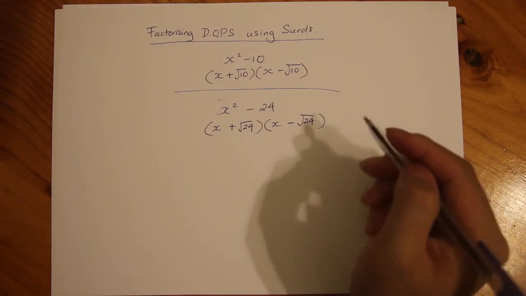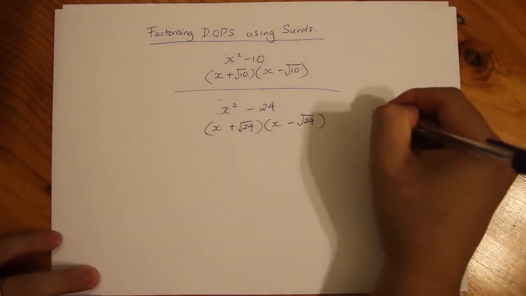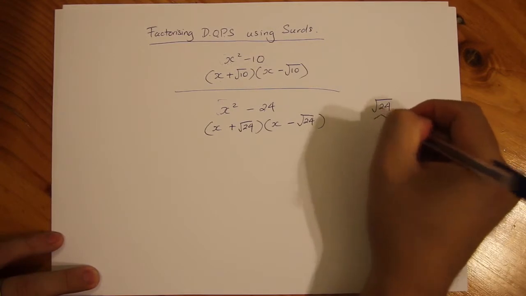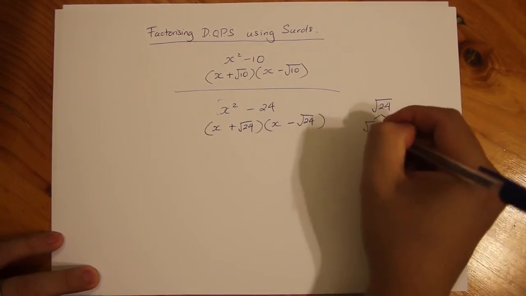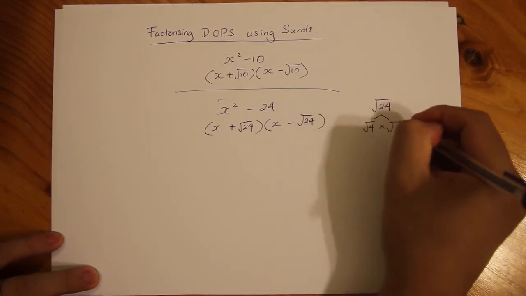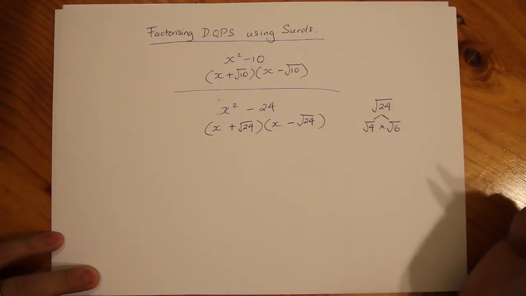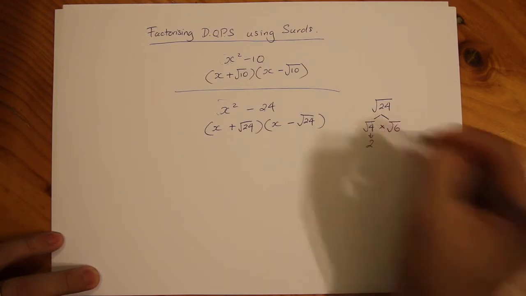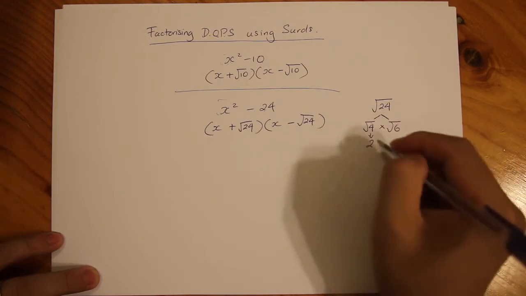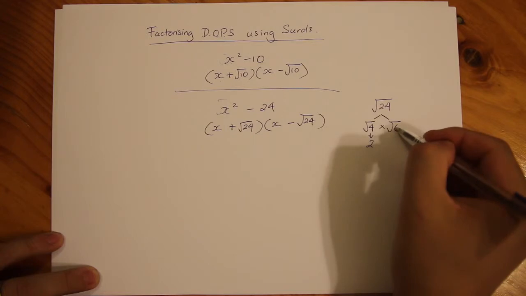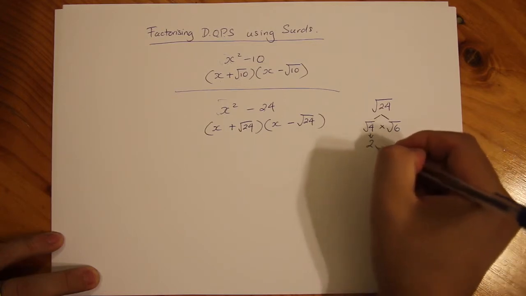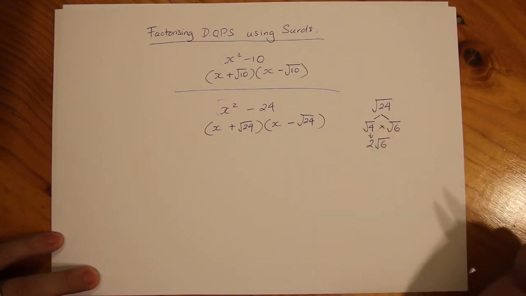Okay? The square root of 24 can be broken into the square root of 4 multiplied by the square root of 6. And then the square root of 4 is then 2. So breaking it into its factors, and then the square root of 4 is a 2, and then what's left is 2 square root 6.